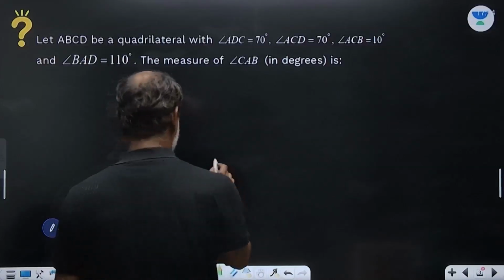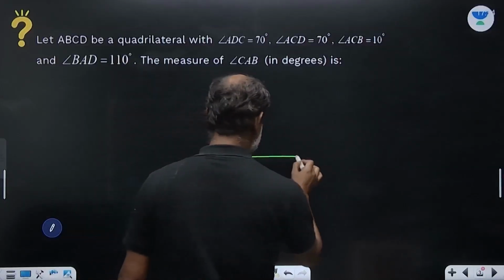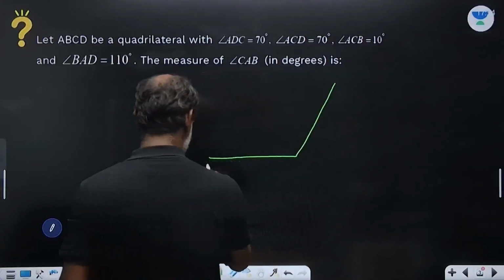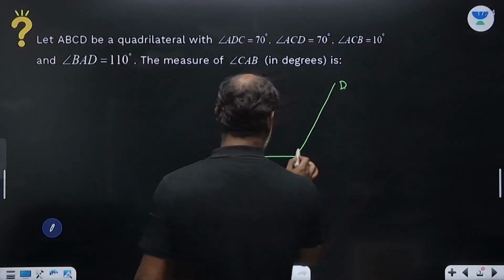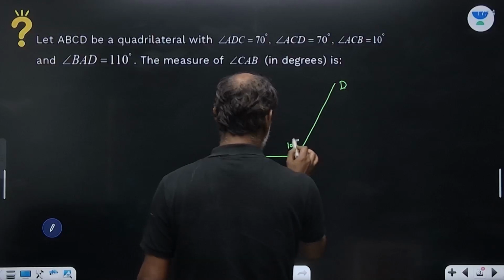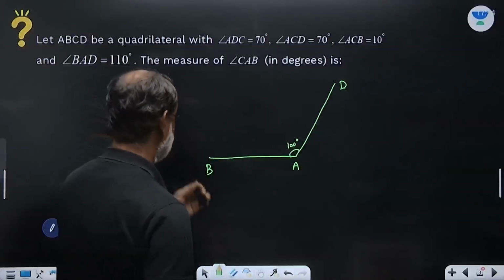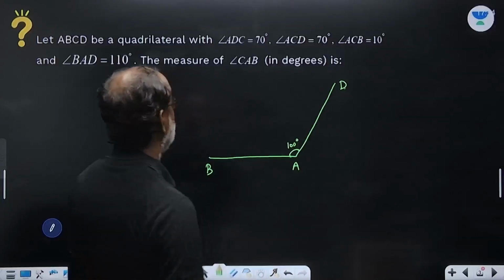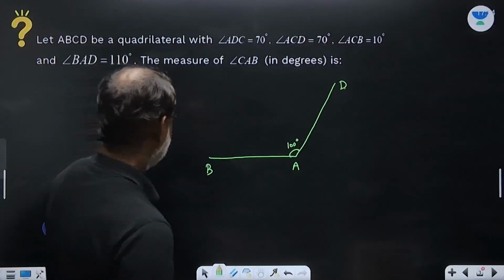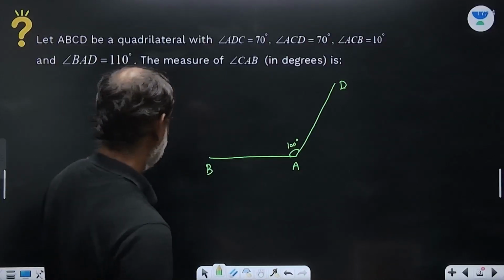BAD, this is 110 degree. ADC is 70 degree and ACD. Okay.